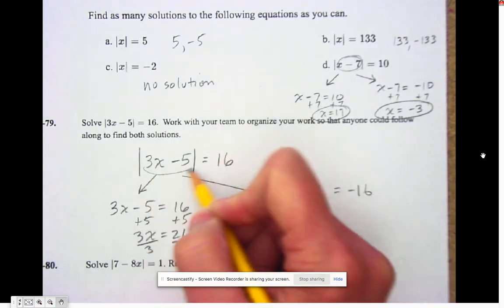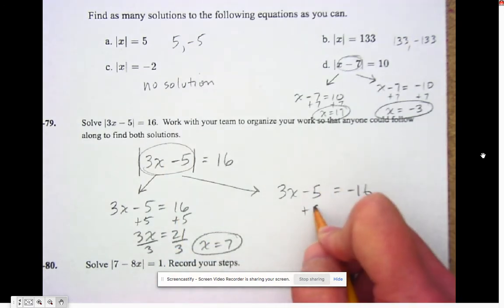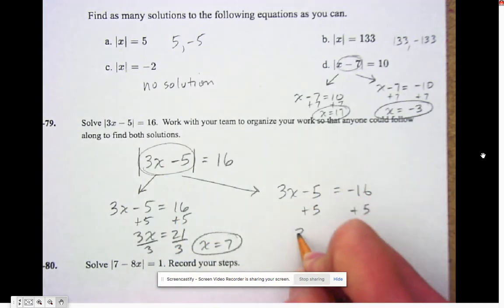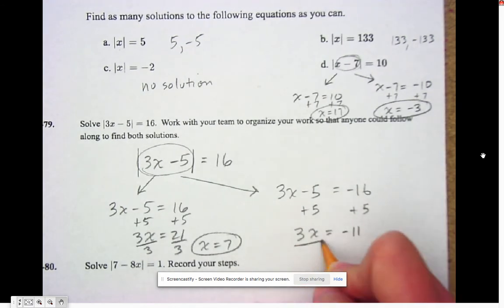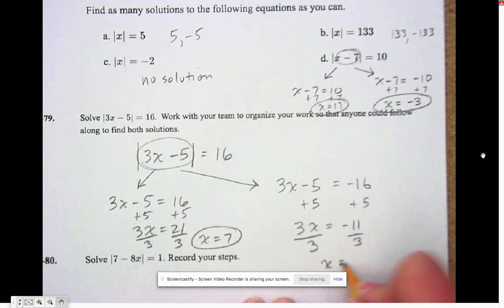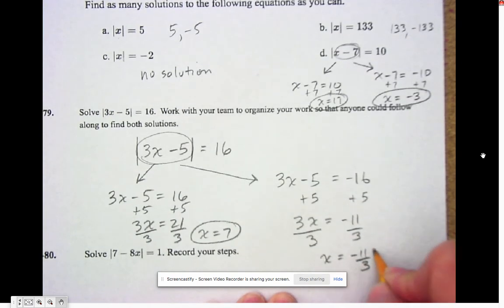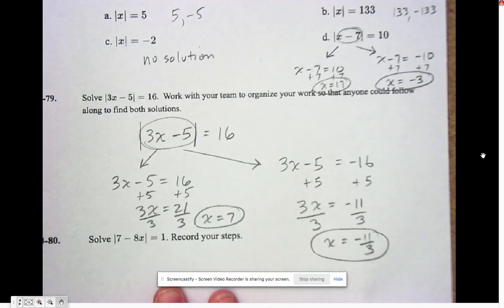So that inside piece would either have to be 16 or negative 16. So 3x is equal to negative 11. I can just keep this as negative 11 thirds. Okay, let's try one more of these.